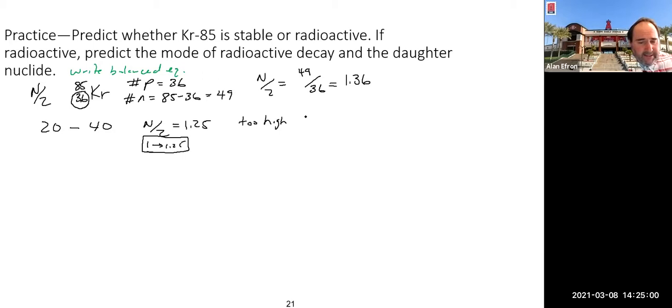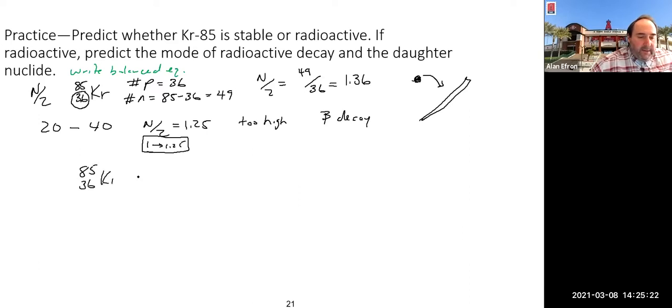And that means that because it's too high, it will go through a beta decay to bring us back down. If you think about the belt of stability, we're over here, and we want to bring it back down through a beta decay. If we do that, we would have krypton 85, atomic number 36, giving us a beta decay here.